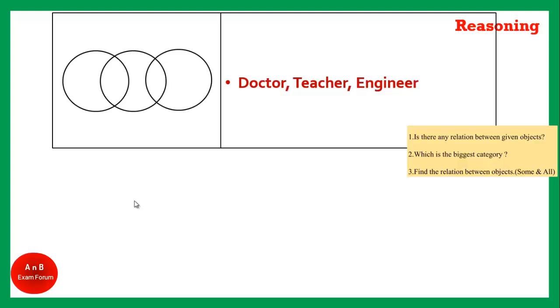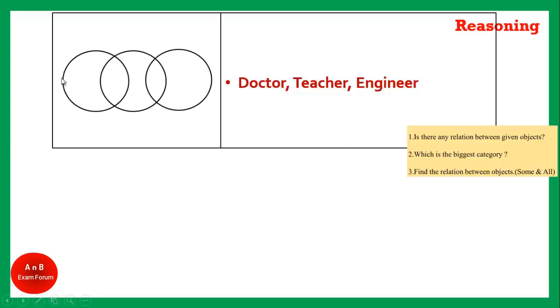A doctor can be a teacher, as a doctor can teach also. An engineer can also teach, but a doctor cannot be an engineer for sure. There can be exceptions, but a doctor cannot be an engineer. So there is no biggest category in it which you can bifurcate.